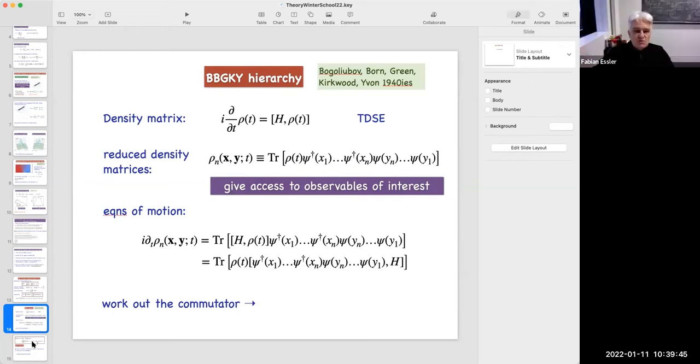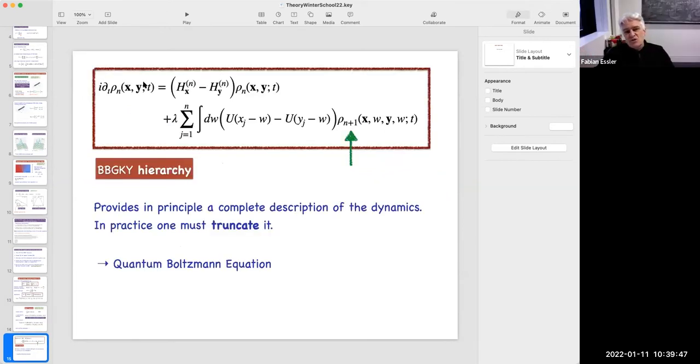And this Bogoliubov hierarchy basically connects these different reduced density matrices. So it's an infinite hierarchy, because if you take the time derivative of the nth reduced density matrix, you get a term on the right-hand side which is the n plus first reduced density matrix. But in principle, if you could solve this hierarchy, that would provide a complete description of the dynamics.